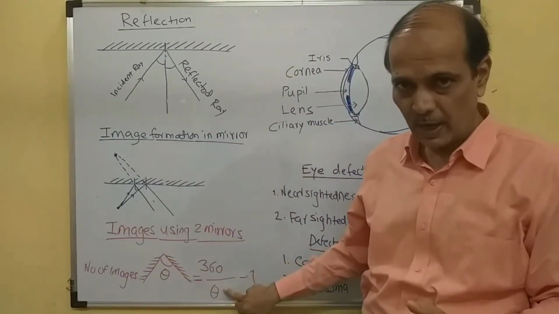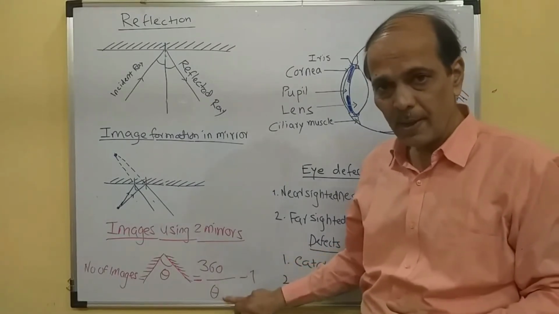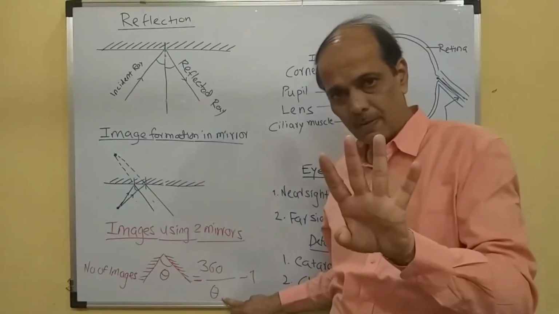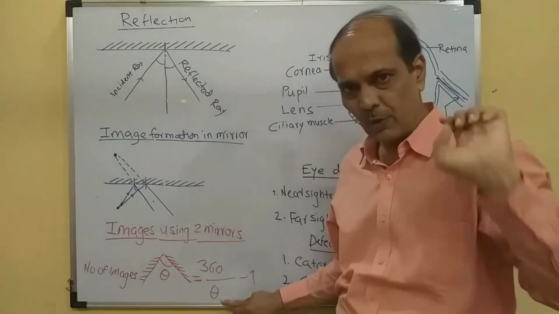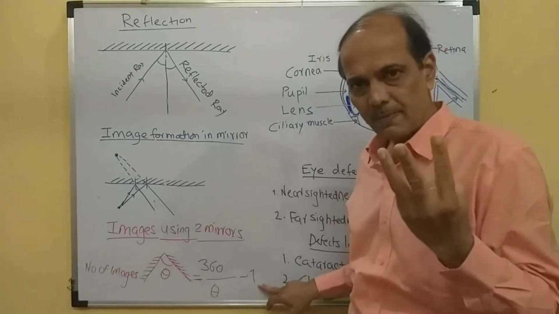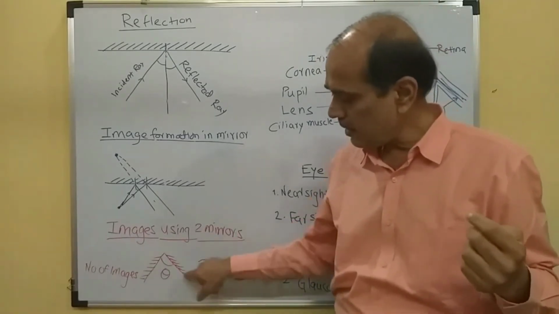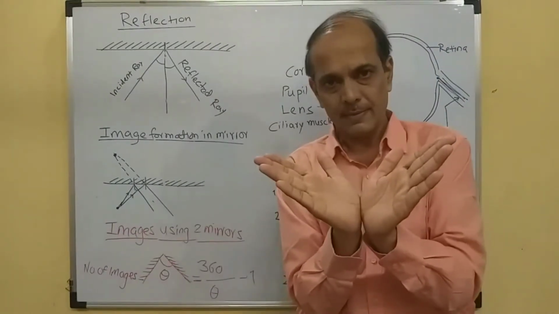I am taking the actual angle here. 360 divided by 90 will be 4. The division is 4. Minus 1, that is 3, will be the number of images when two mirrors are making a 90 degree angle.